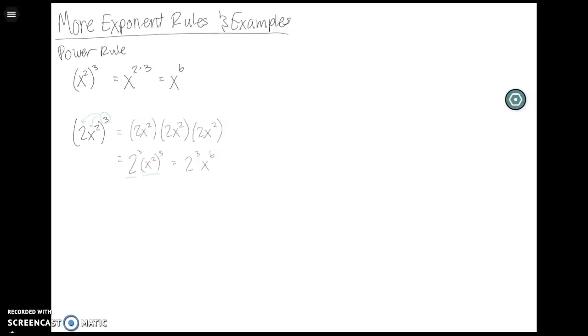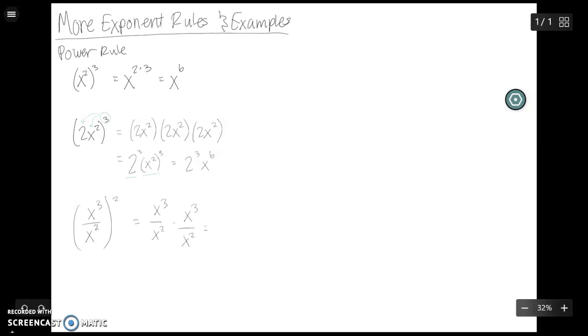So a similar thing is true when you start looking at quotients. So remember, a quotient is when two things are divided. So let's say I have x cubed over x squared, and all of that is being squared. Okay. So remember, another way we can think about this is x cubed over x squared times x cubed over x squared.